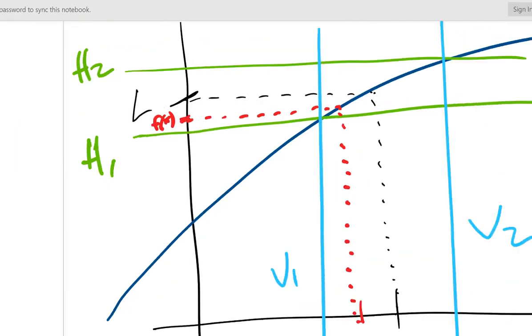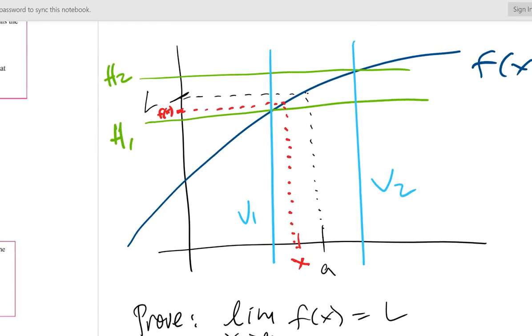And that's how it works. If you pick these vertical lines as the same distance apart, this should work for any value you choose in between them.